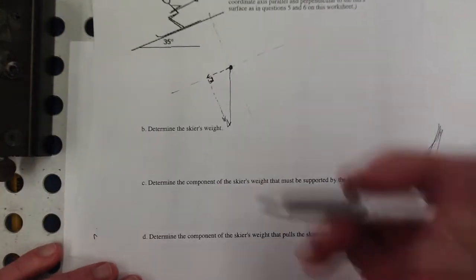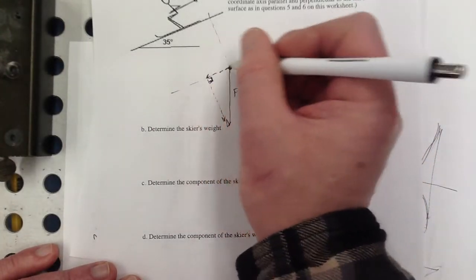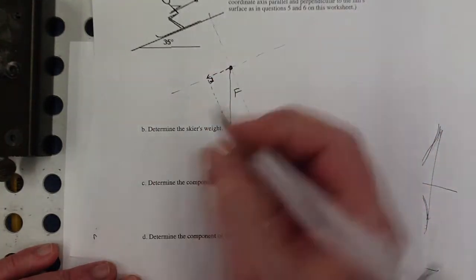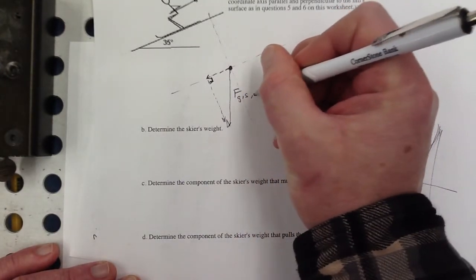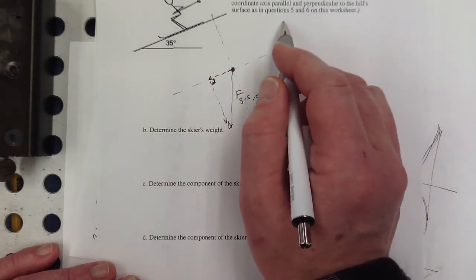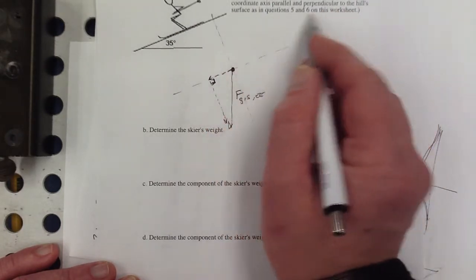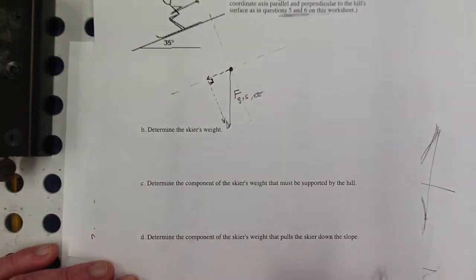I don't want to clutter up the diagram by putting the force of gravity and then having to draw lines through it, so I'm going to put my label on this side. Force of gravity on the skier from the entire Earth. That's just reminding us that it is like the rock and the elephant.